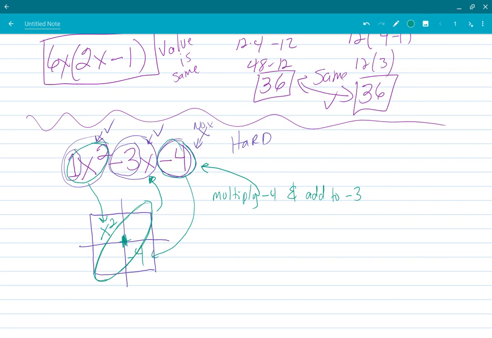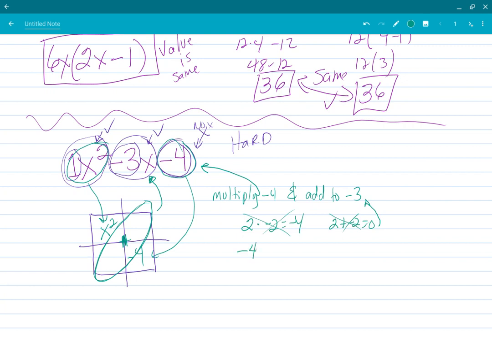Now, I'm going to actually give you the wrong one first. 2 times negative 2, that equals negative 4, right? Sorry. But if you add 2 plus negative 2, you get 0. And we want it to equal negative 3. So this one doesn't work. All right, and Nathan, what was the one you said? Negative 4 and 1.